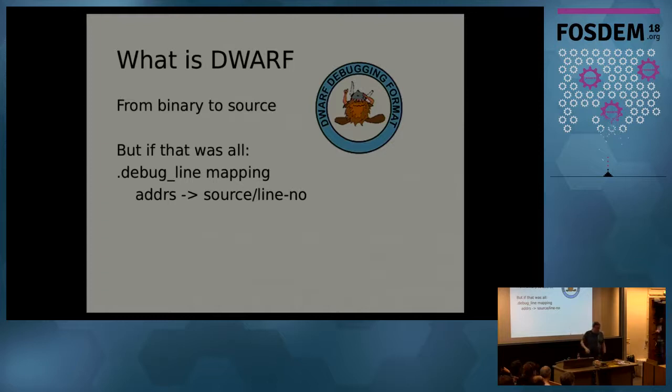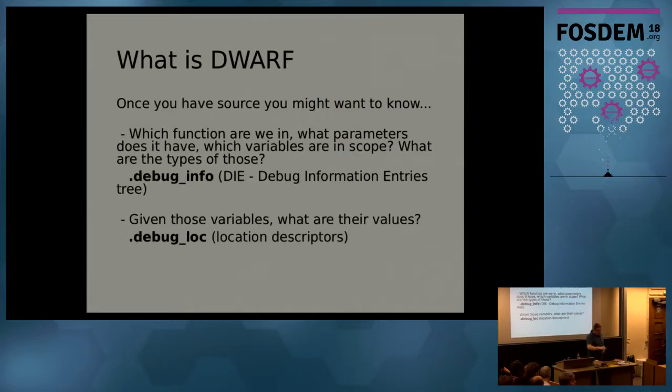But DWARF does so much more. You want to know which functions there are, what parameters there are in the function, are there variables, what is the scope of the variables, what are the types of the various things.